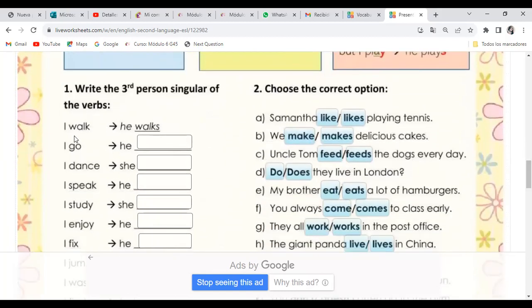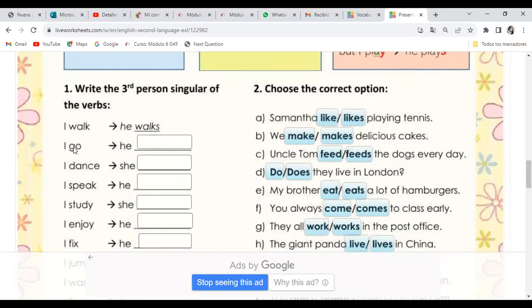So now it's your turn, guys, to conjugate these verbs in the third person of singular affirmative. I have here the verb walk as an example, like he walks to work. Él camina al trabajo. He walks to work. What about the verb go? I go, and who would like to tell me how you conjugate this verb with the personal pronoun he? Any volunteers, guys? Can you tell me how you conjugate these verbs?